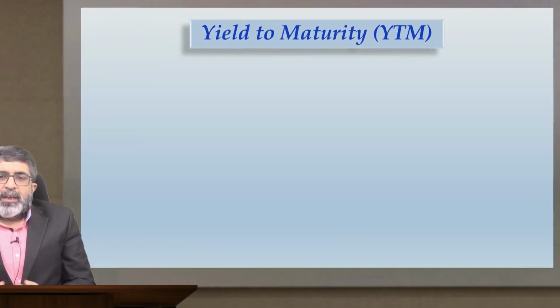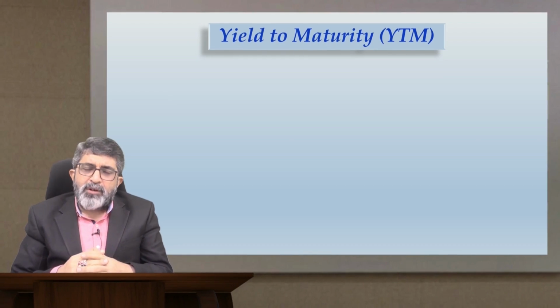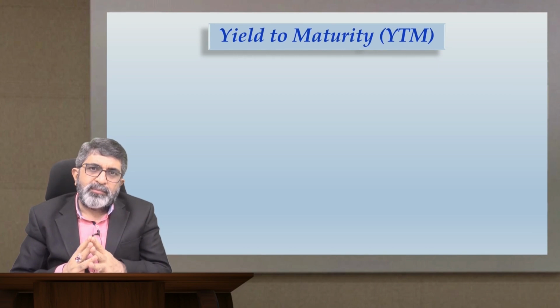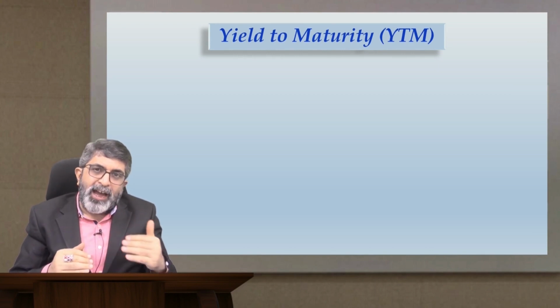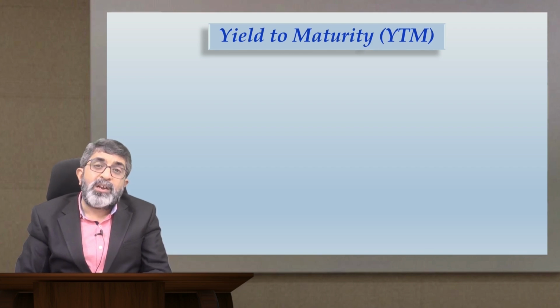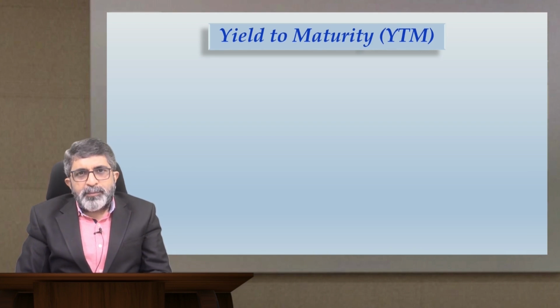In fact, very important. Yield to maturity, YTM. It is very important for you to understand, because throughout bond valuation, not just at your current level, even at level 2, you will be having frequent use of YTM. What is YTM?